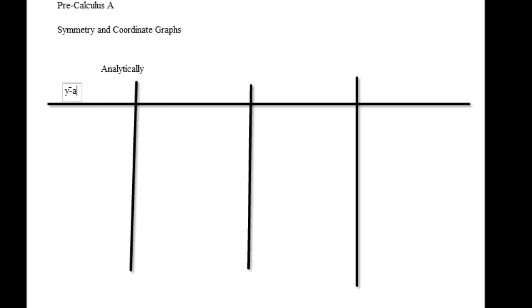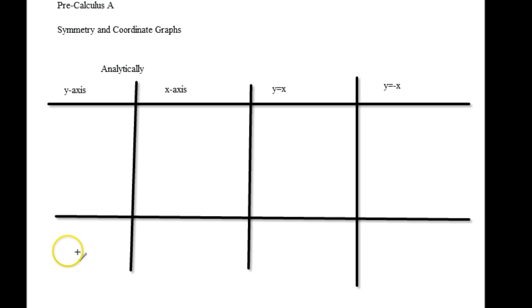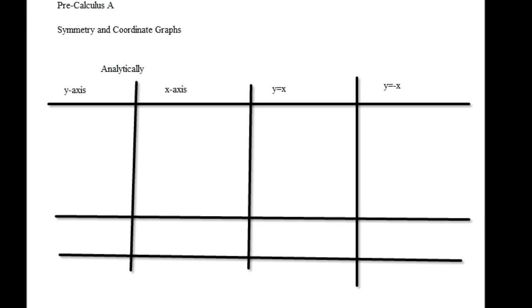Okay, so y-axis, x-axis, y equals x symmetry, y equals negative x. Oh, and I forgot about it, let's say origin symmetry.